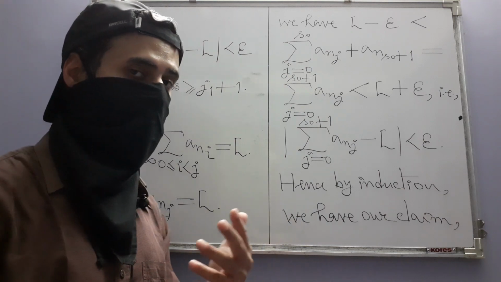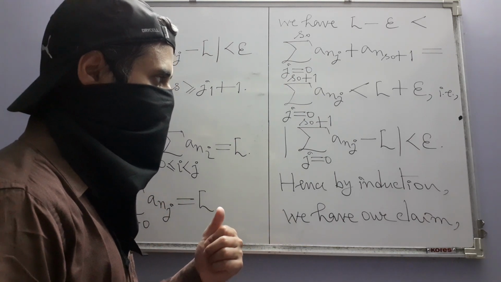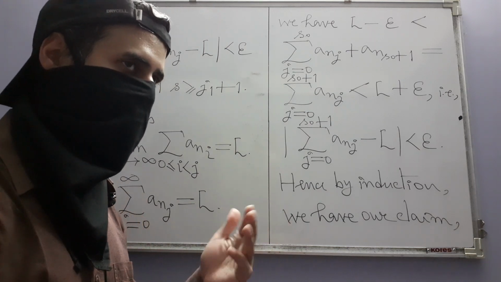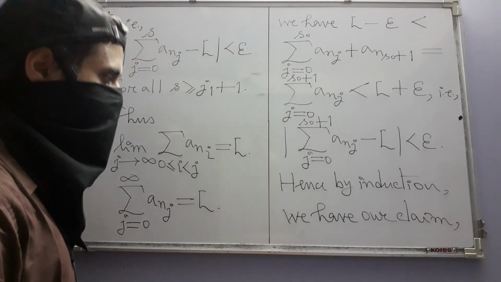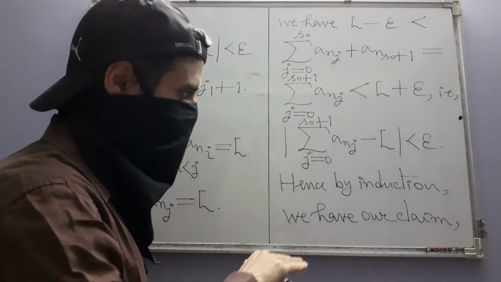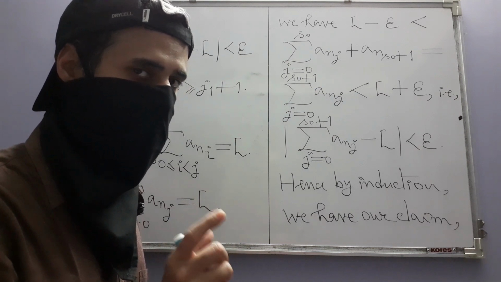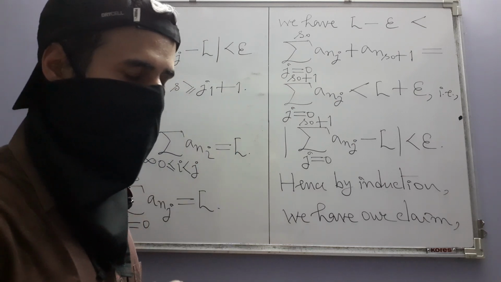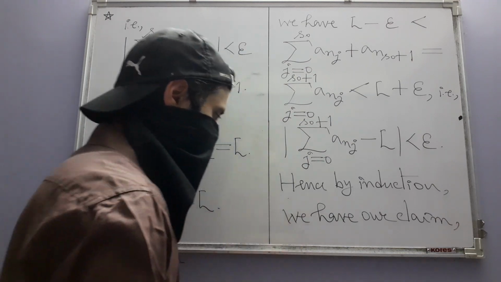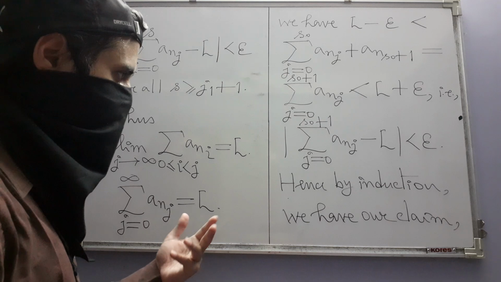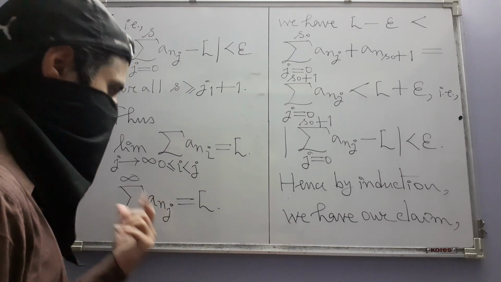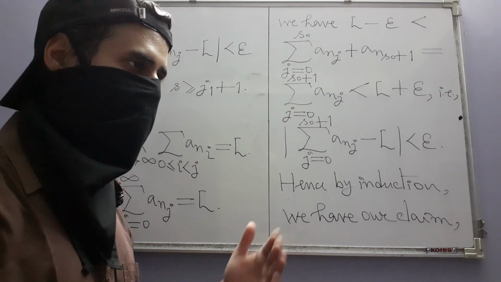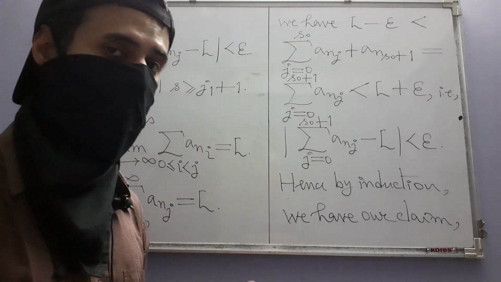Now, what did Riemann's theorem teach us? It taught us that given any L, there is a rearrangement of our original series summation a n, so that the rearranged series converges to L. Now, in the course of answering the many things we have in this section, we ended up solving many exercises actually, but still there is one more exercise left to solve, which tells us that in such situations we can also rearrange such a series so that it diverges to infinity, and also there exists a rearrangement which makes the rearranged series diverge to minus infinity.